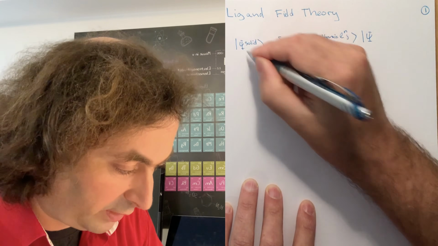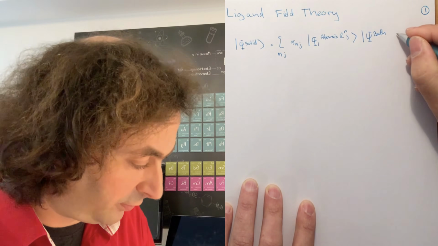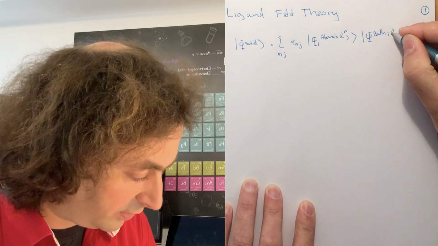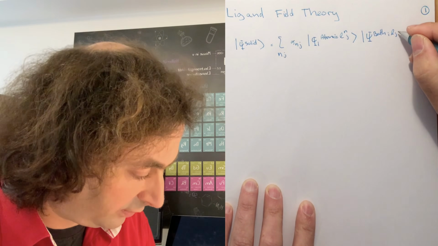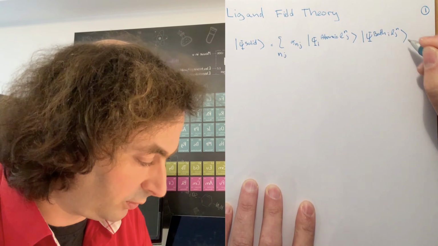These are all many-body wave functions. And the bath wave function is the wave function of the solid without the local state, with configuration L^n and state J of that configuration missing.